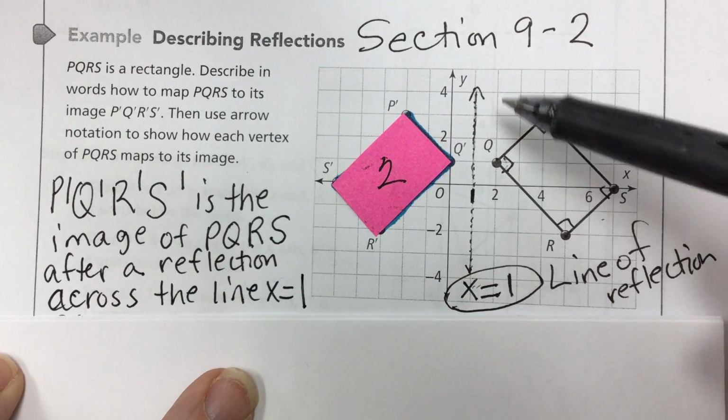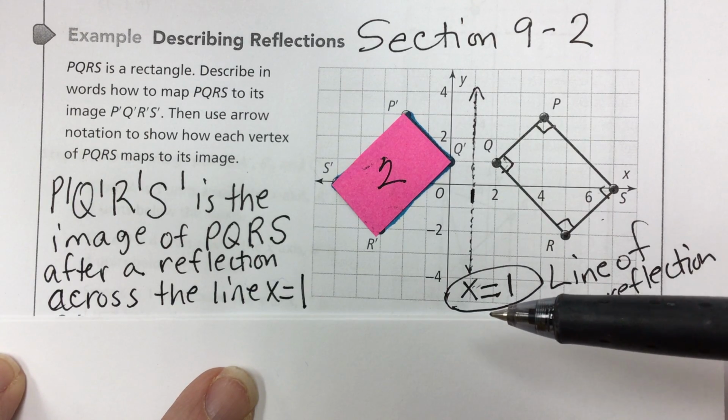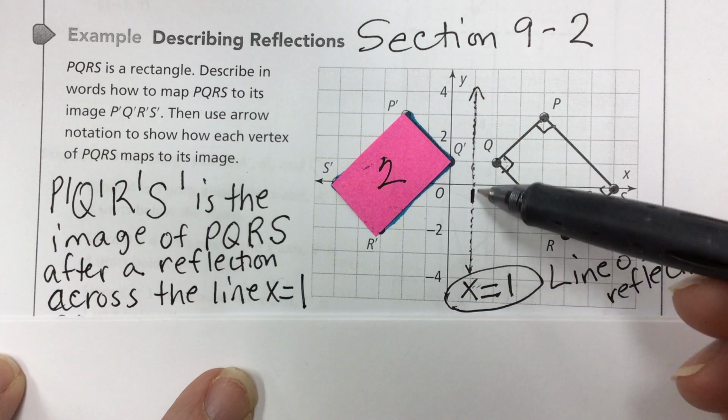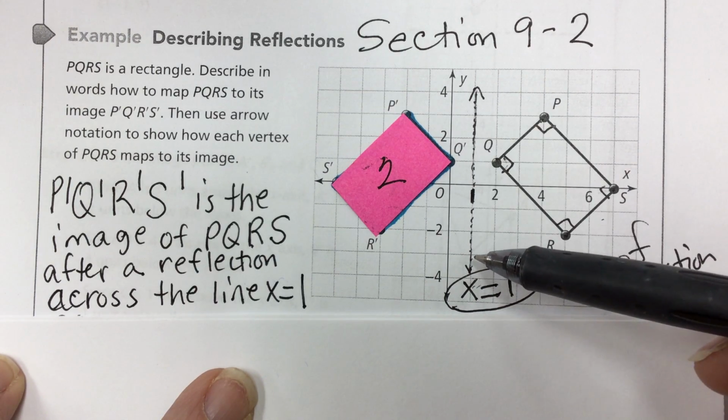Remember, we name every vertical line with just an X, no Y. X equals 1. Where's this vertical line touching the X-axis? 1. This is the line of reflection.